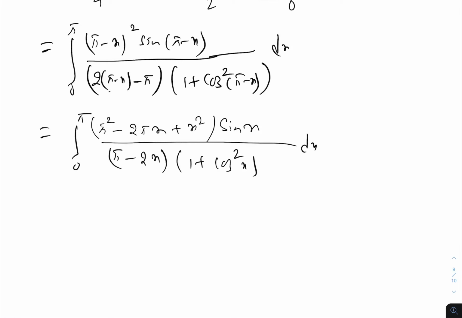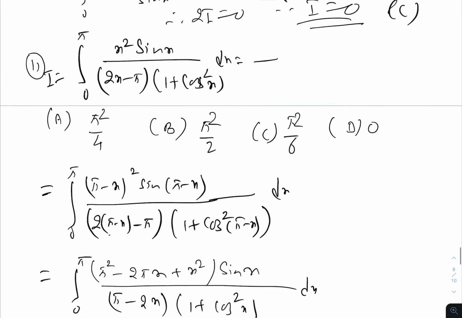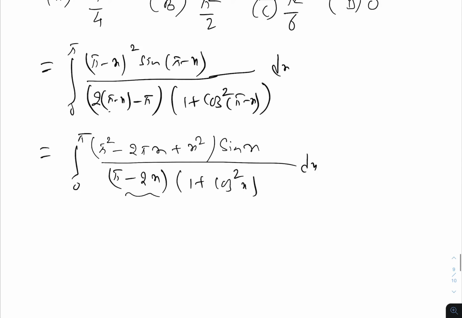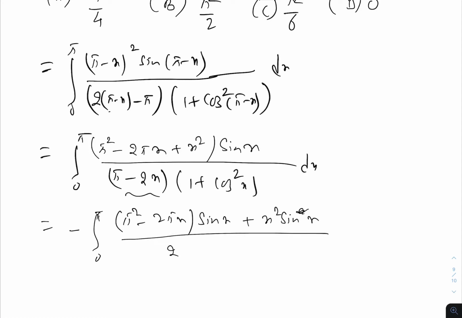Now see what is I here: x square sine x over (2x minus pi)(1 plus cosine square x). Here let us take the minus sign outside. So minus integration 0 to pi (pi square minus 2 pi x) sine x over (2x minus pi)(1 plus cosine square x) dx.